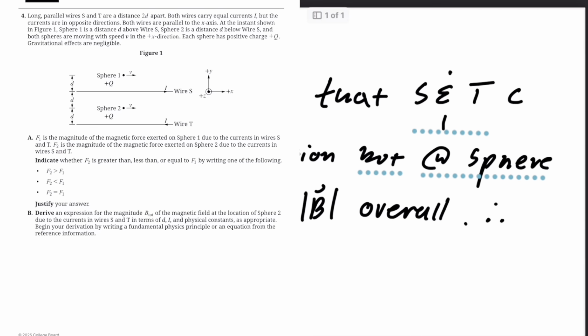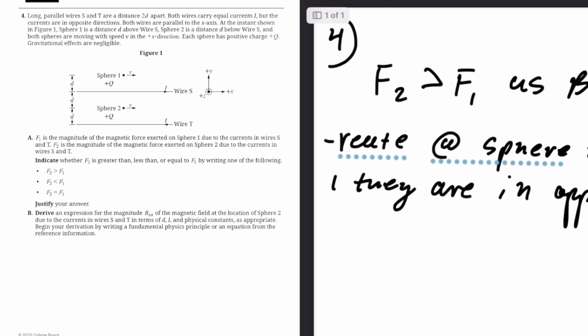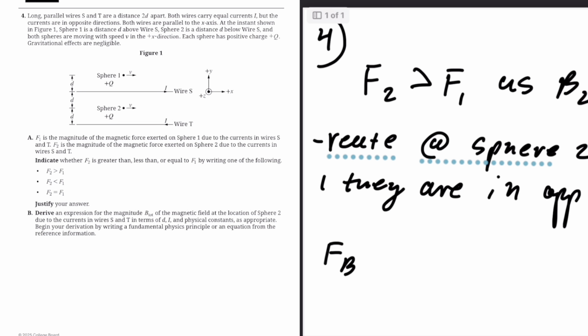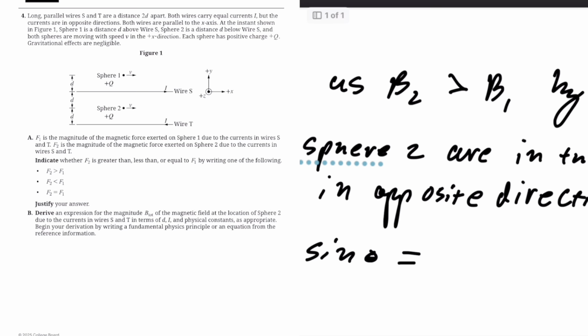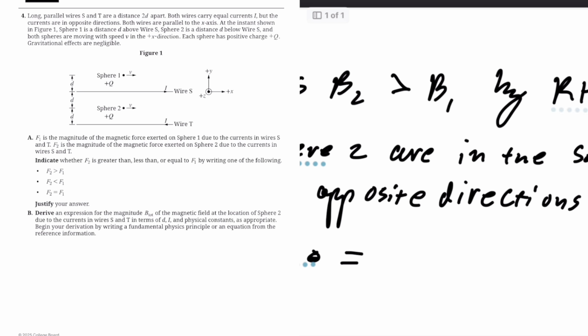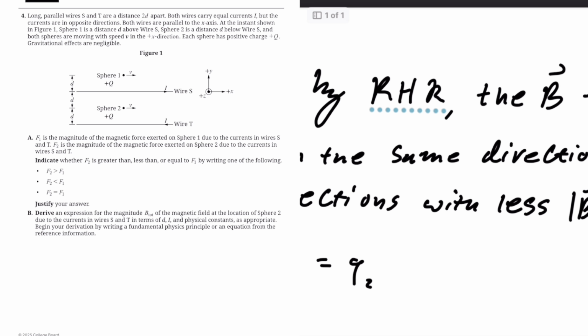Therefore, by FB equals qvB sine theta, and that's just an equation on your equation sheet, since q1 equals q2, F2 is greater than F1.